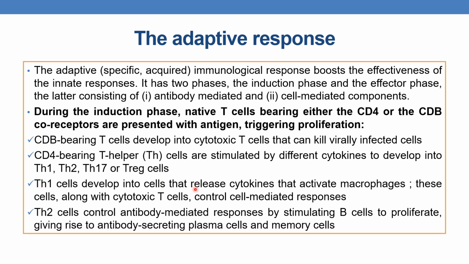Th1 cells develop into cells that release cytokines that activate macrophages. These cells, along with cytotoxic T cells, control the cell mediated response. Th2 cells control the antibody mediated response by stimulating B cells to proliferate, giving rise to antibody secreting plasma cells and memory cells.